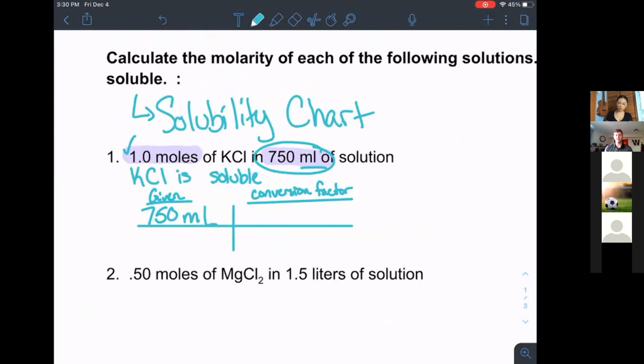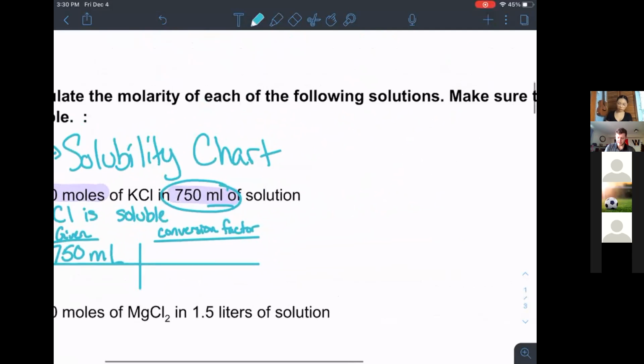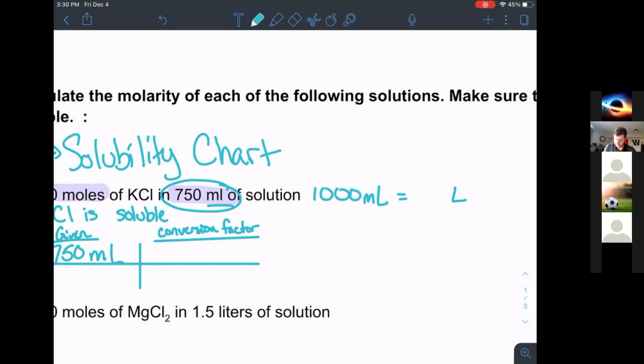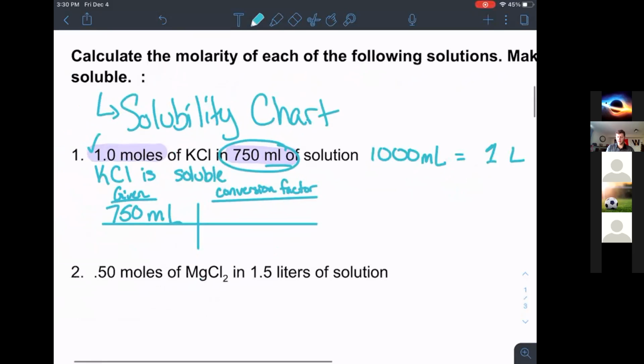So can you tell me how many milliliters equal how many liters? 1,000. 1,000 milliliters equals 1 liter. So now we need to take this conversion factor and put it into our railroad tracks, our lattice structure.